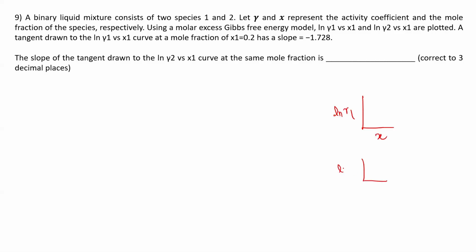Similarly, ln gamma 2 versus x1 are plotted. A tangent is drawn to the ln gamma 1 curve. So here there is a slope. The tangent slope equals to minus 1.728.